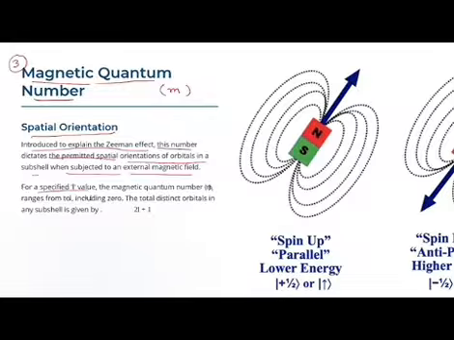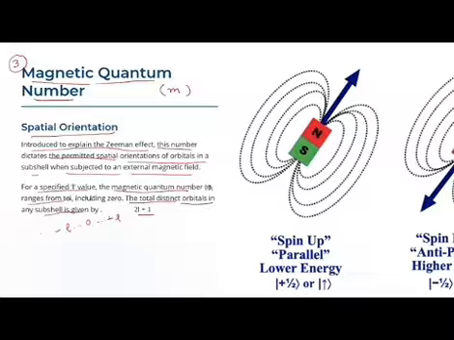Now for a specified value of L, the magnetic quantum number ranges from minus L to 0 to plus L. Clear? So the total distinct values of m will be given by 2L plus 1.